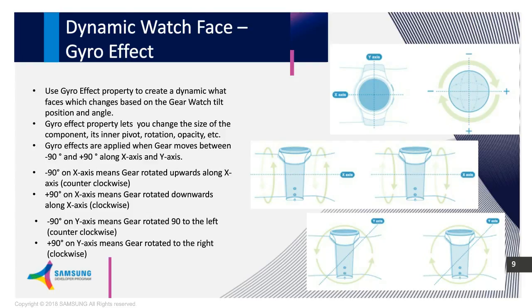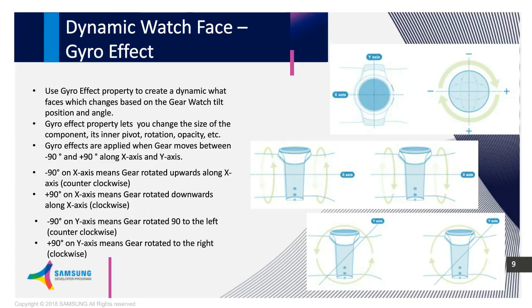To use the gyro effect property, you can create dynamic watch faces which change based on gear watch tilt, position, and angle. So when the watch is tilted on the x-axis or on the y-axis, you will be able to show different effects based on how the watch is tilted. Gyro effect property lets you change the size of the component.